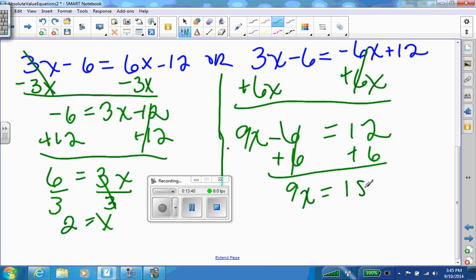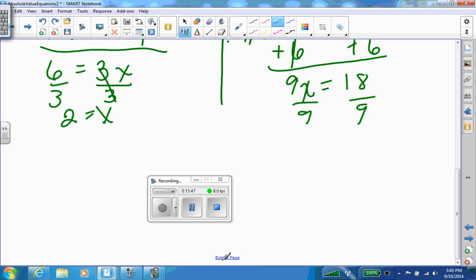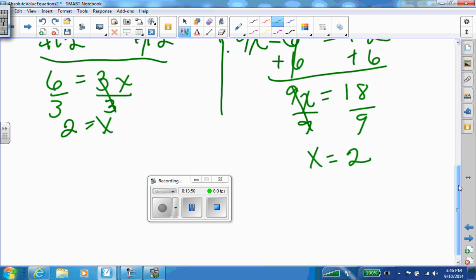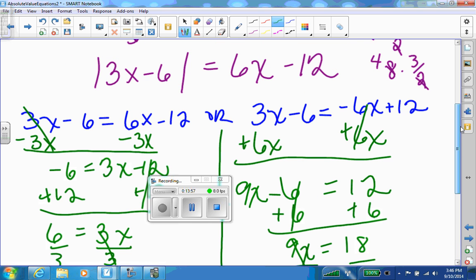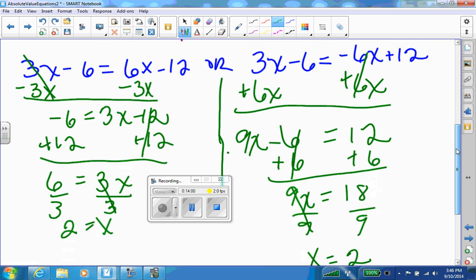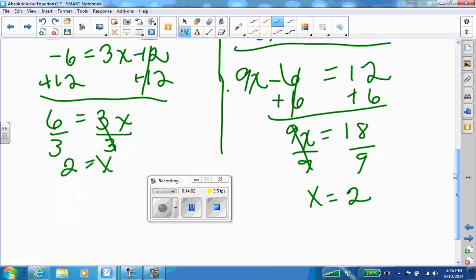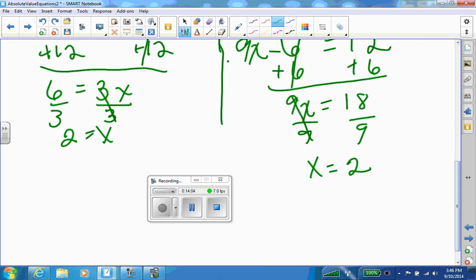And that's going to be 18 dividing by 9. X is going to equal 2. Remember, that's just a possible solution. That's interesting. I did both of these problems, and I got the same possible answer. So, we need to find out if 2 really solves this.